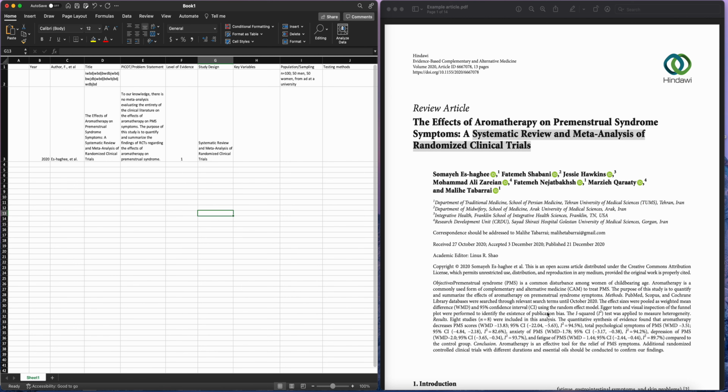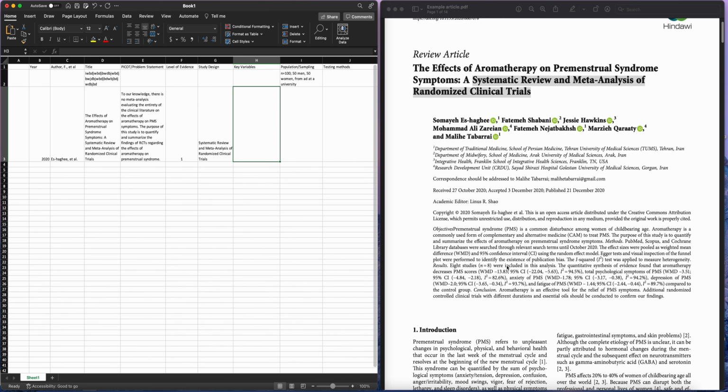If it was a situation where they just tested this among a bunch of college women at one college, all the women in that college, that would be a quasi, for example. So basically, level of evidence and study design go hand in hand.